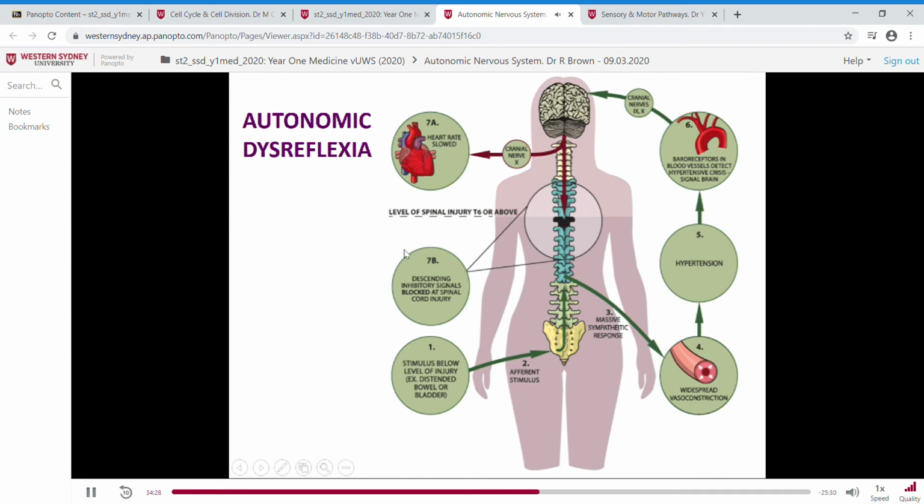And the slowing of the heart is not enough, okay? So the heart rate will slow down, but the blood pressure will stay high. Make sense? So until you find the source of the problem and rectify it, this blood pressure will continue to rise.